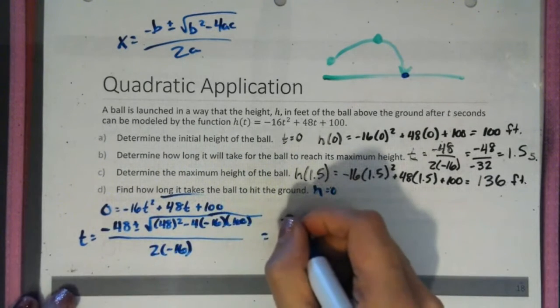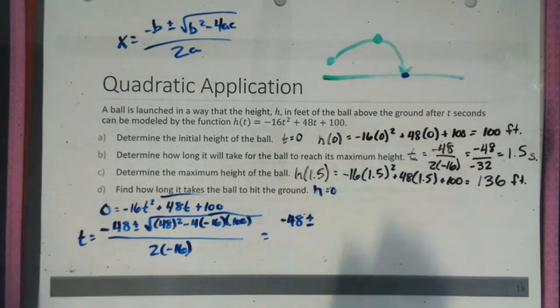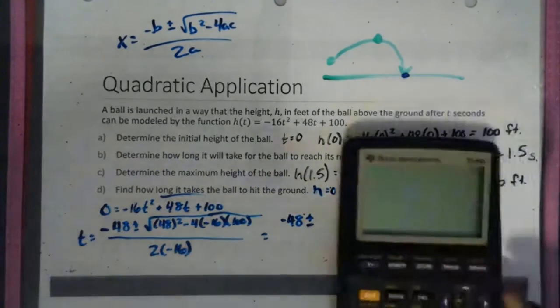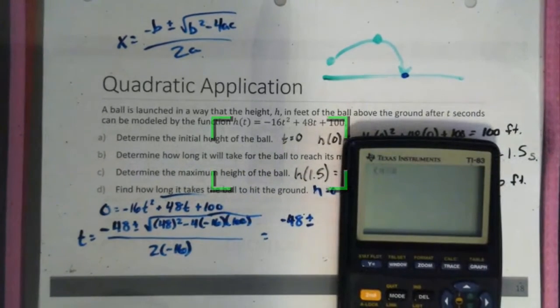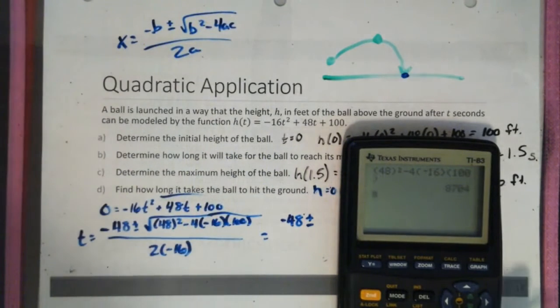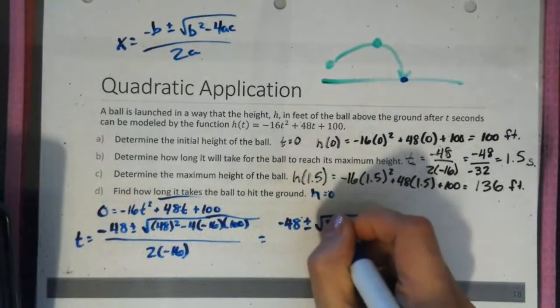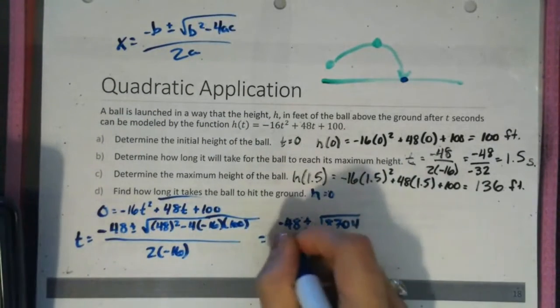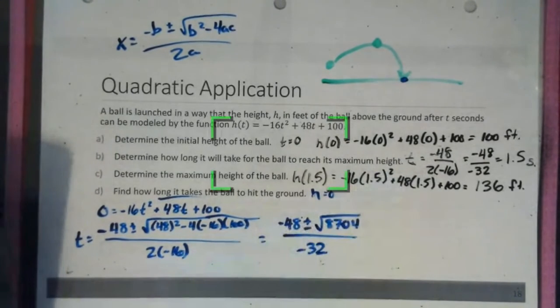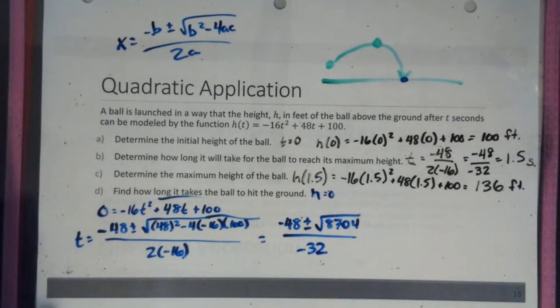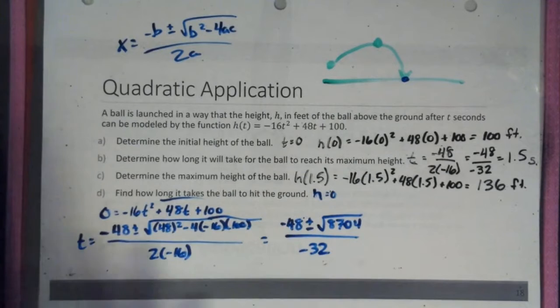Let's see if we can simplify that. That's negative 48 plus or minus the square root of 48 squared minus 4 times negative 16 times 100. So we're looking at the square root of 8704 over negative 32. So I'm going to break this up into the two cases.